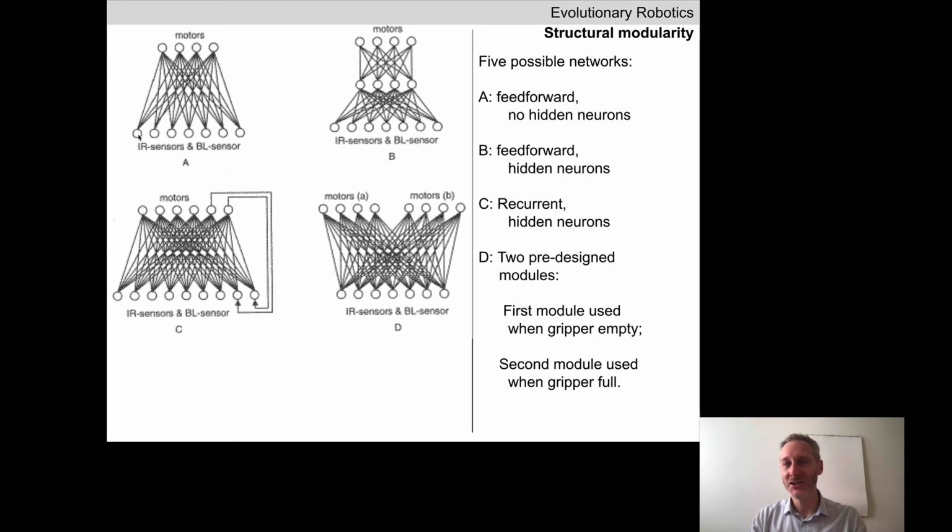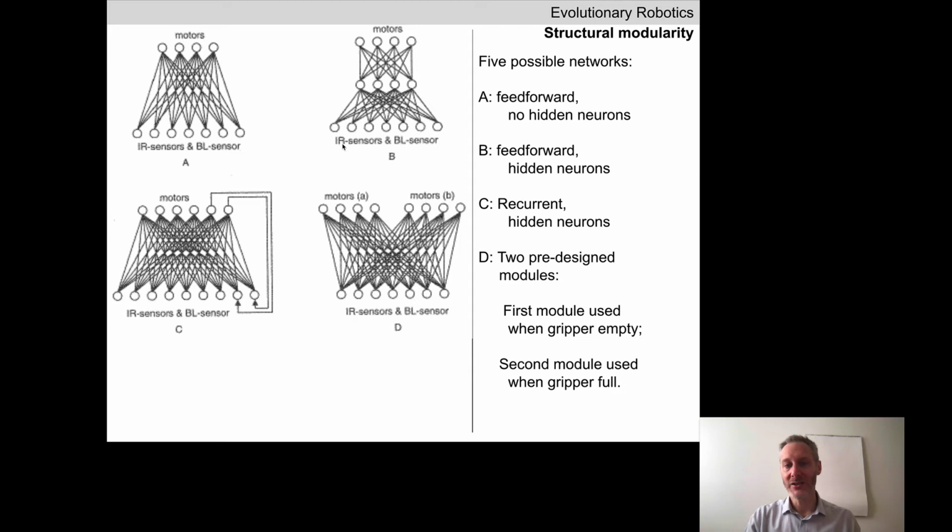You'll notice that each sensor neuron is wired up by a synapse to each motor neuron. There are no hidden neurons. There are no recurrent connections. There are no self connections. This is pretty much just one step up from a Braitenberg vehicle. Pretty straightforward. Okay, we'll see some results of evolving the robot to try and clean up the arena with neural network A in a moment.